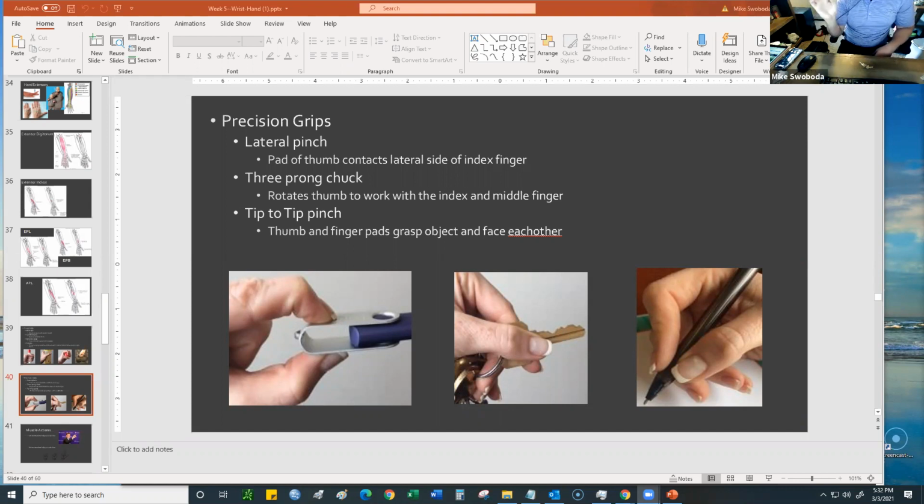Yes, it falls much more easily. I have very little control over this. I can hold it, but as I squeeze it, I can already feel it slipping out. That's because that lateral-ish pinch is not the best for holding these cylindrical items. Using the middle finger underneath, I have the most precision and control.